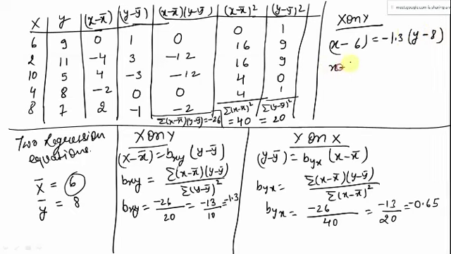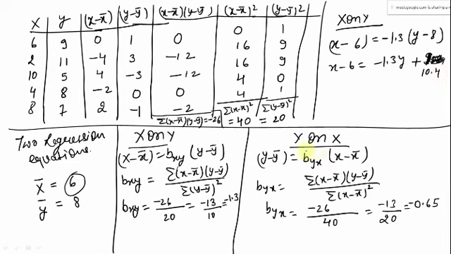So x minus 6 will be negative 1.3y plus 1.3 into 8, which is 10.4, right?